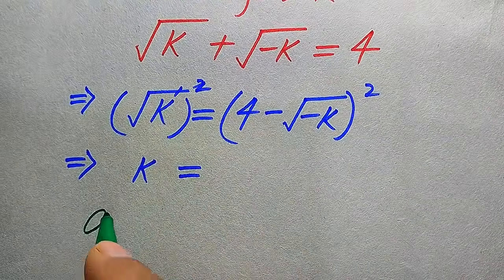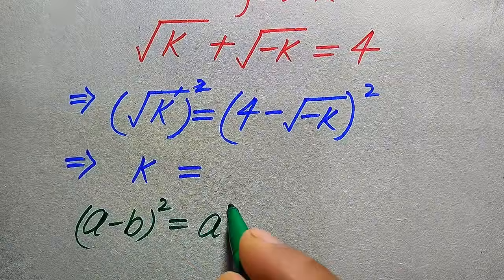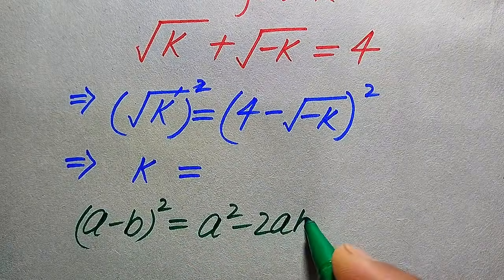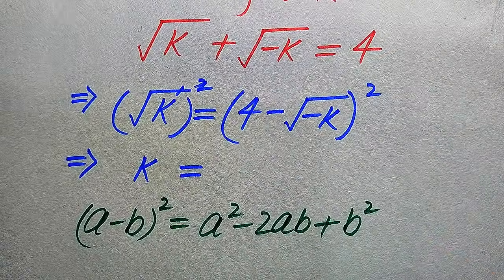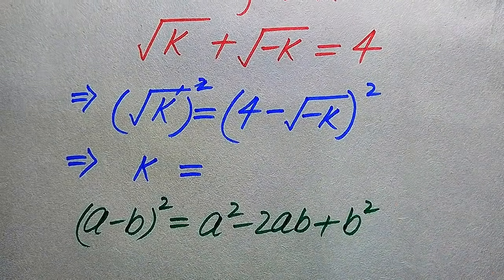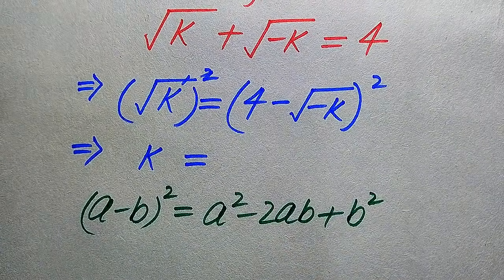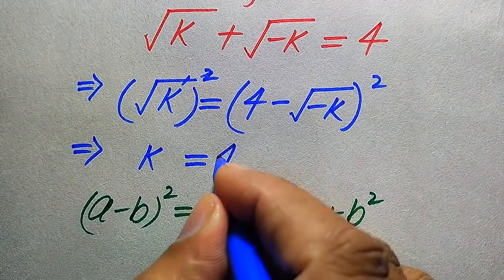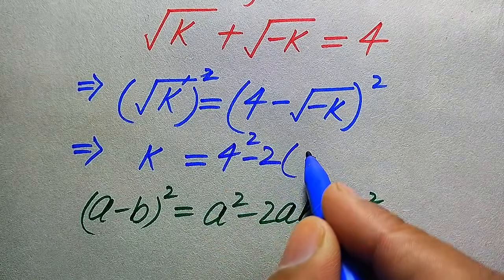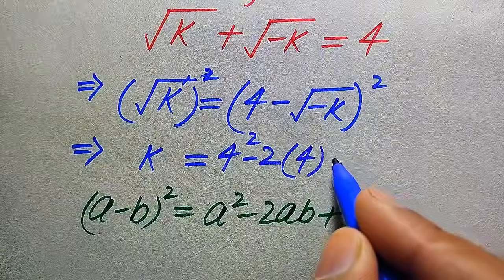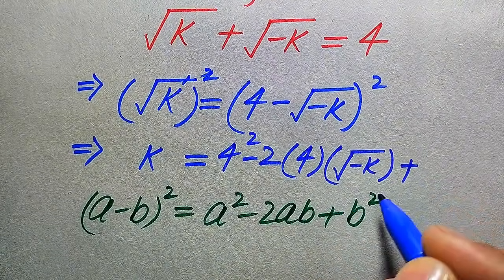You know about that. If we have (a minus b) whole square, it is equal to a square minus 2 times ab plus b square. So according to this rule, we just expand our right hand side in this form according to this formula. Okay, so this becomes 4 square minus 2 times ab. Here our a is 4 and b is square root of minus k, plus b square.